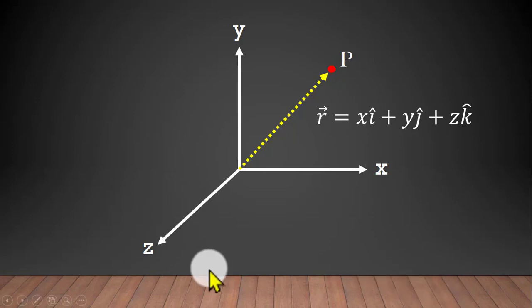For example, you see here it's a 3-dimensional space x, y and z, and suppose there is a point P located somewhere in space and its position vector r will be defined as xi plus yj plus zk, where i, j and k are the unit vectors corresponding to the x, y and z axes, and x, y and z are the coordinates of this point. So this is basically defined as the position vector of this point P.